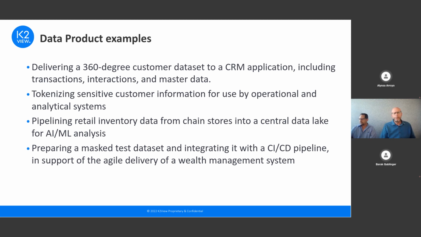The third can be to pipeline inventory data from different chain stores to a central data lake for any kind of analysis using AI or machine learning. The last one is when I'd like to prepare test data for a CI/CD pipeline to support agile delivery of, for example, a wealth management system. So these are just a few examples of how data products can be used in an organization.